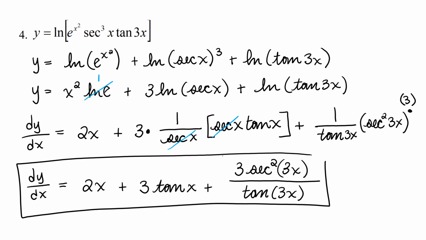And that is the derivative. So frequently, when functions have this logarithmic function inside, particularly natural logs, it becomes easier to take their derivative if we can use properties to simplify first.